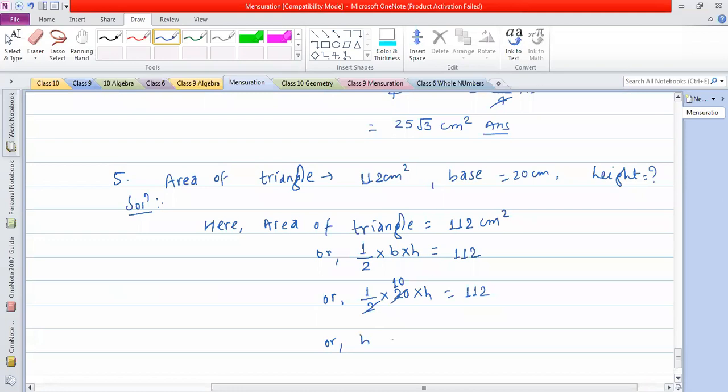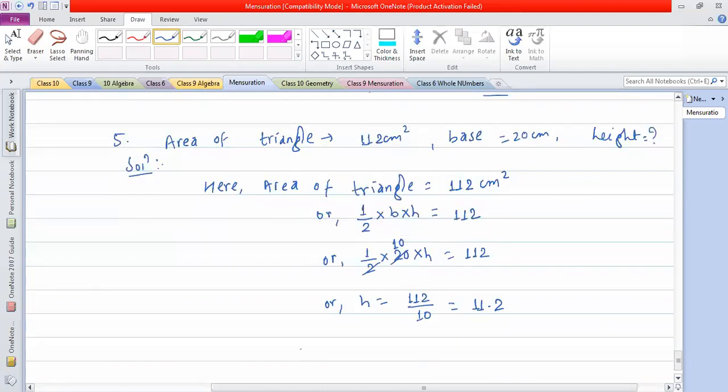Now take that 10 to next side, 112 by 10. So your height will come 11.2 after dividing. Therefore height of the triangle is 11.2 centimeter. Answer.